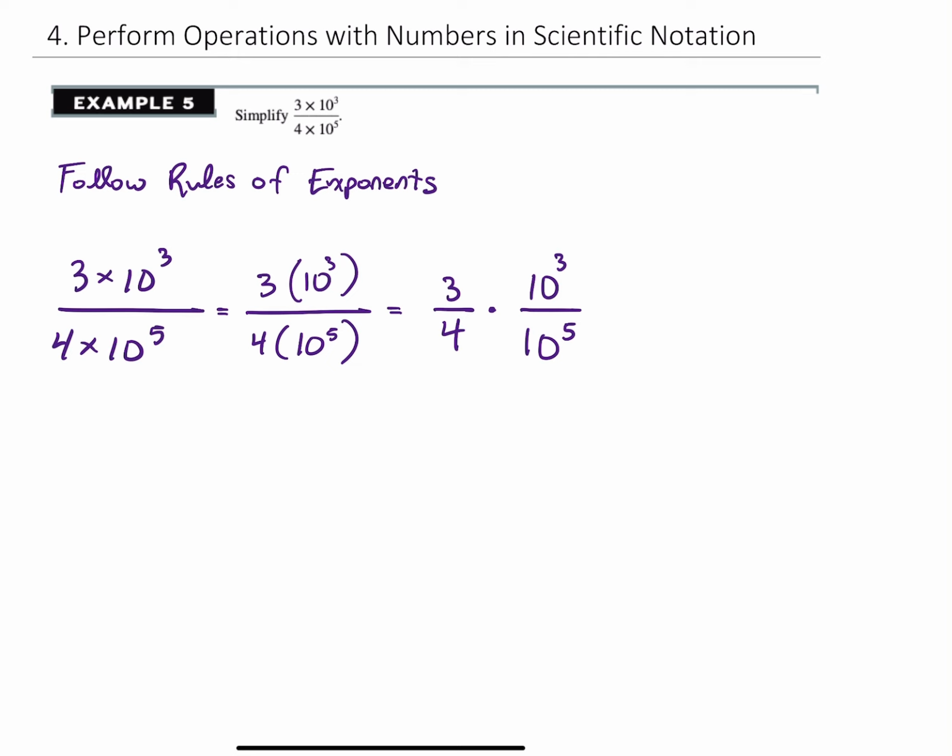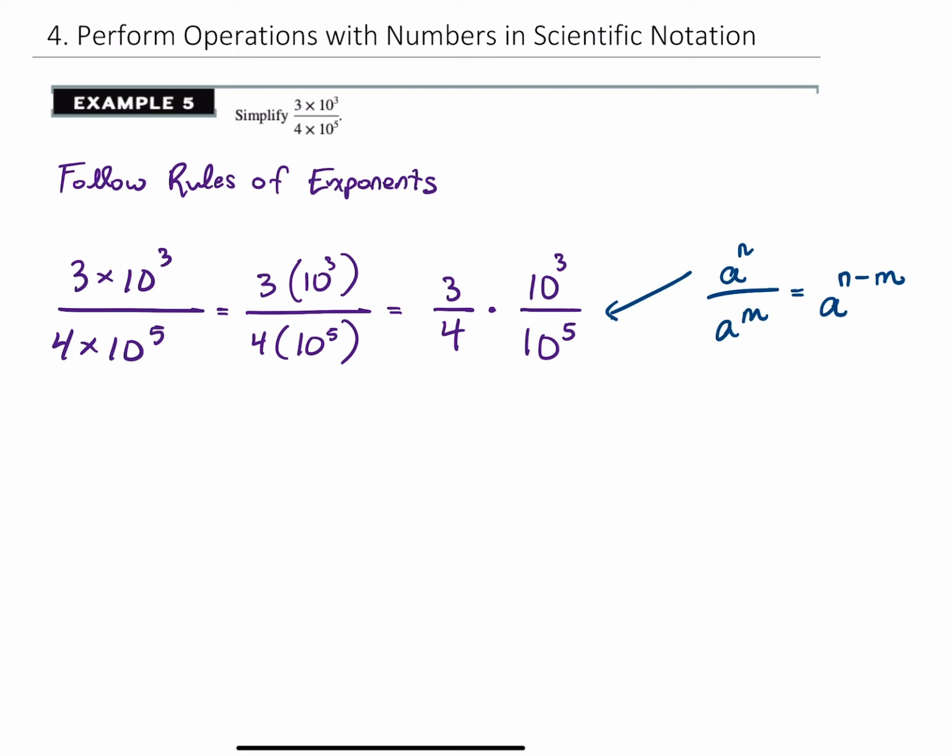So let's remember, if we have something like a to some power n divided by a to some power m, they have the same base. If you remember, the rule for this was the quotient rule for exponents. This will result in a to the power of n minus m, meaning we would subtract these exponents.